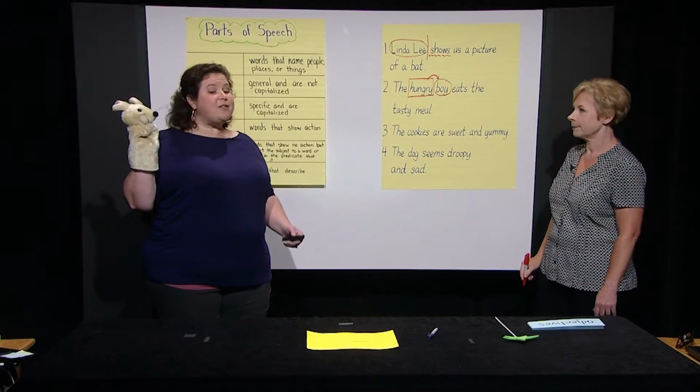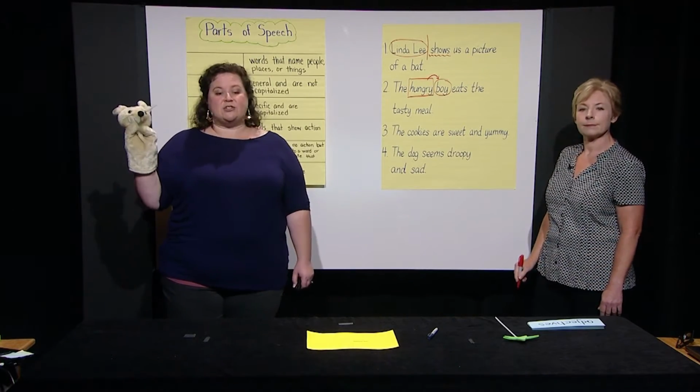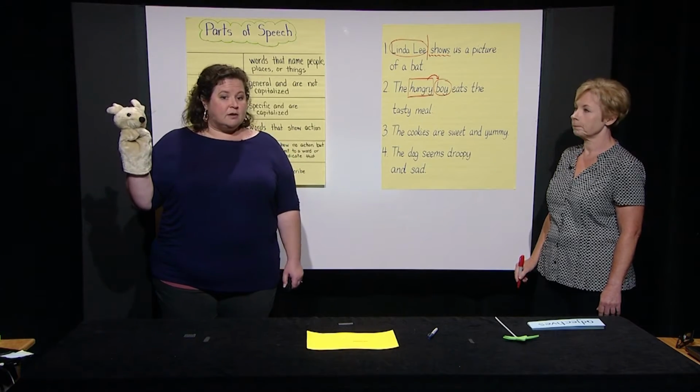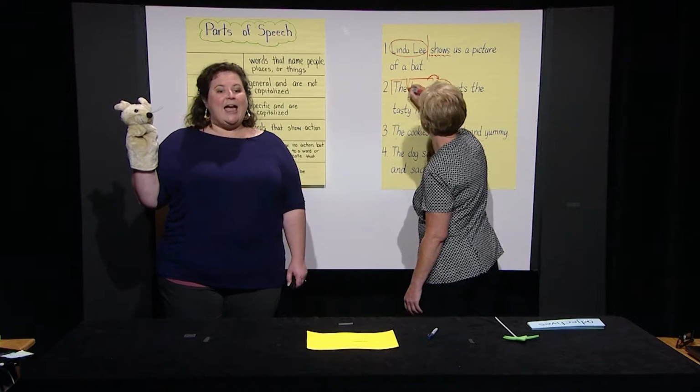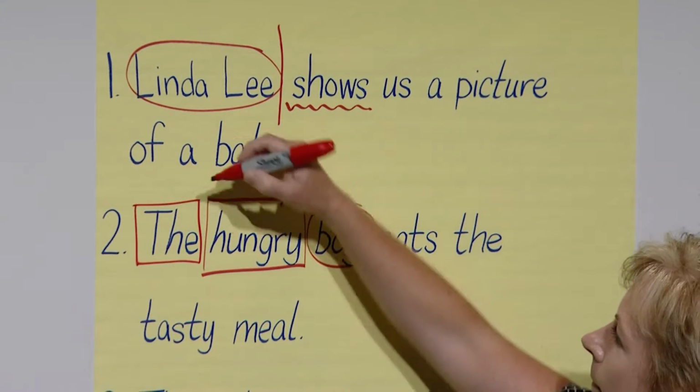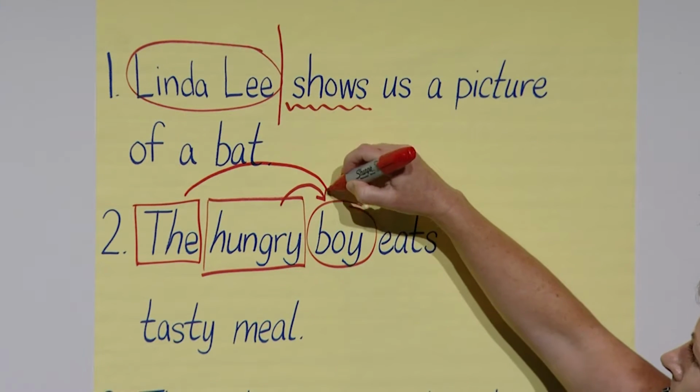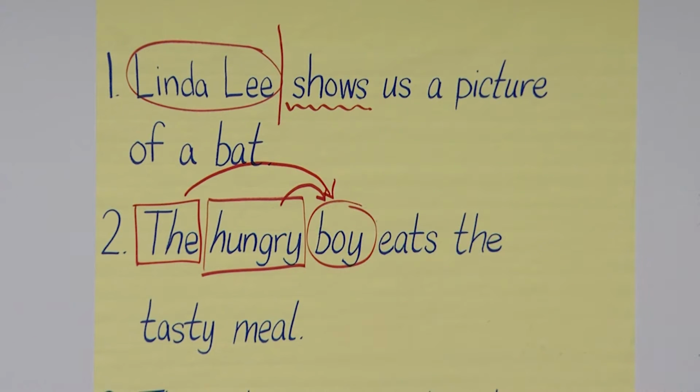Candy, the word the is a special kind of adjective. It's called an article. So Candy, put a box around the and draw an arrow from the to boy. Hey, I see another noun too. Scholars, did you spot it? Yes, there it is, meal.